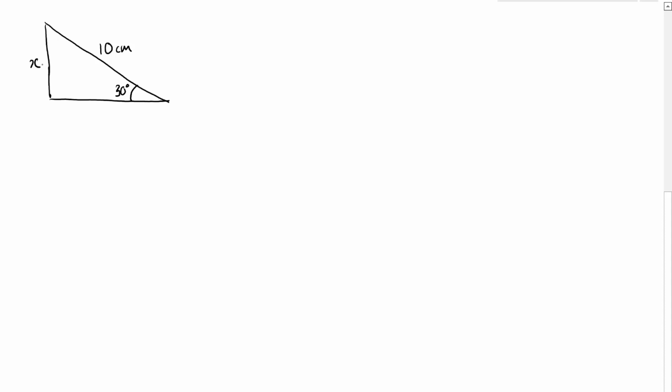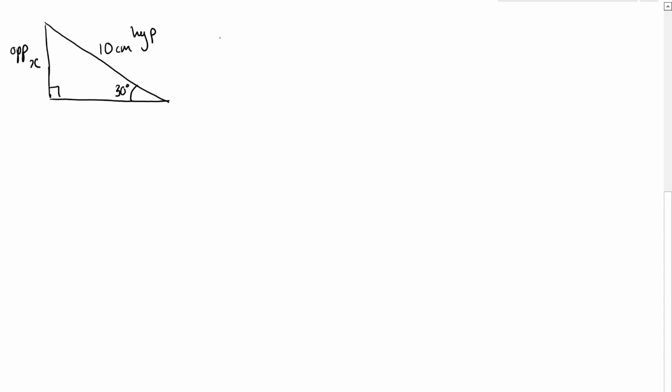So choosing your equation depends on what you've been given in the question. The first thing we do is label the sides. Since our right angle is here, the 10 centimeters is your hypotenuse, and the x is opposite to that 30 degrees. So we have a hypotenuse and an opposite.